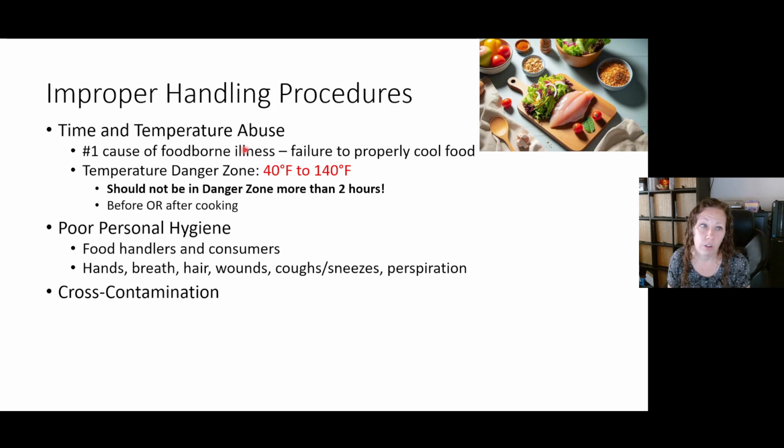And then the final improper handling procedure to be aware of is cross-contamination. So use separate cutting boards for your raw and cooked foods. It's even good to keep them separate, whether you're washing them in between or not. Like having a cutting board that only raw foods ever go on, and having another one that only cooked foods ever go on.